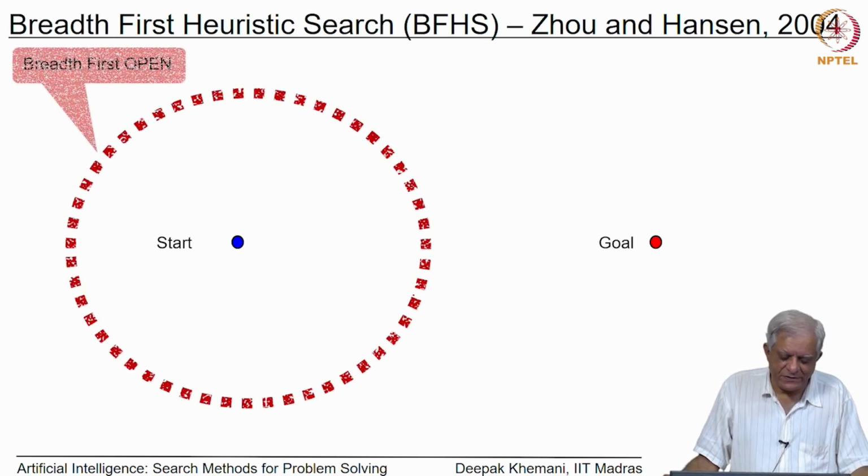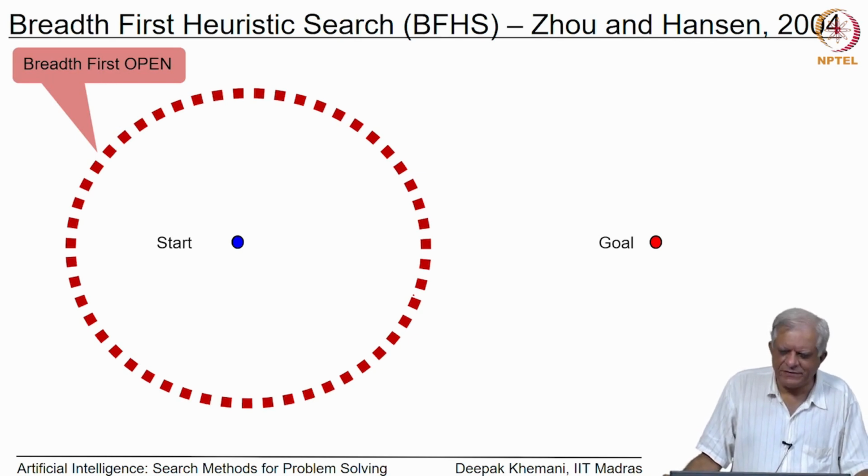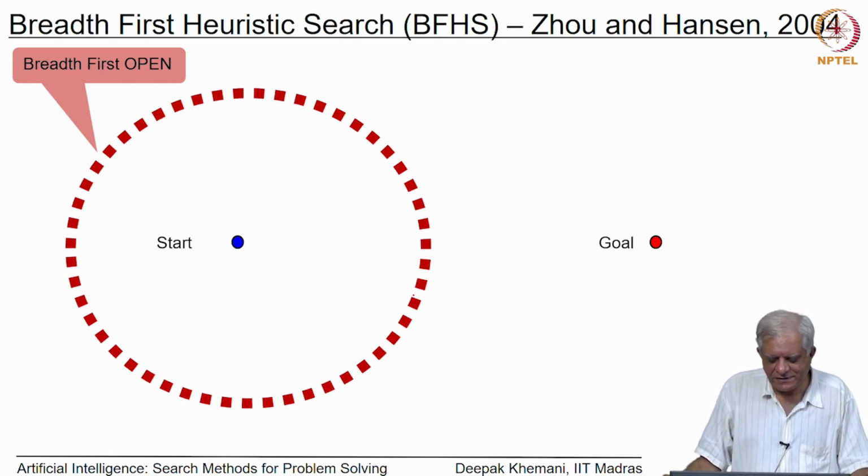Now, breadth first search has no sense of direction at all. So, it would explore the paths in all the directions. So, kind of schematically we can say that the search frontier will be like a circle centered on the start node. In all directions from the start node, it would consider all nodes equally good.